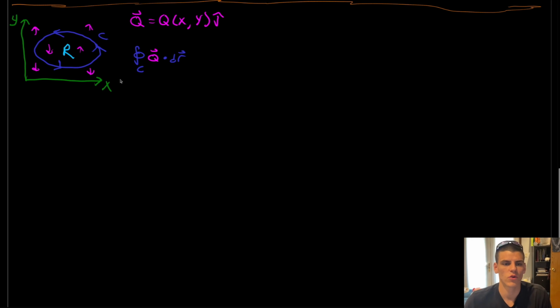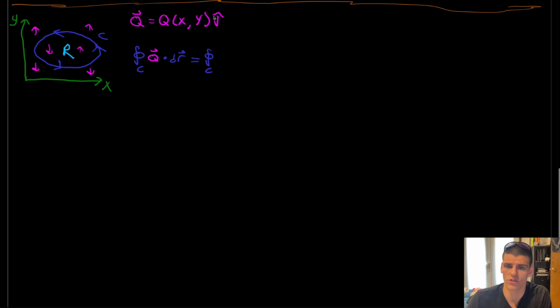All right, so on to our second example. It's going to be very similar to the first, with the same curve C and region R inside of the curve, except now we're using a vector field where all the vectors only have j components, so they only go up or down and don't have any x value in them. After the last one, it should be pretty simple to figure out that the line integral of the vector field Q around the curve C simplifies into the line integral around that curve.